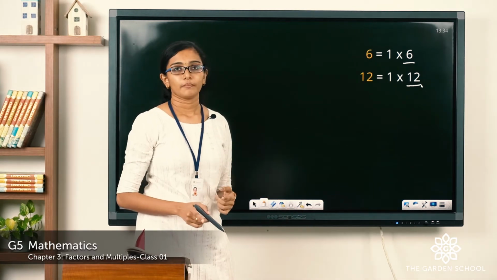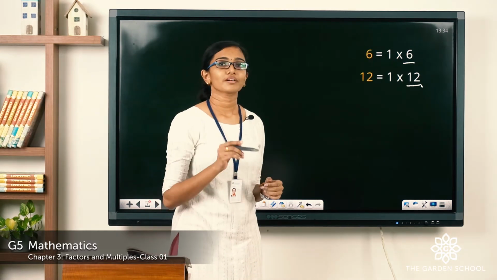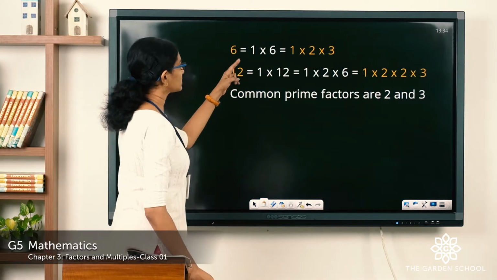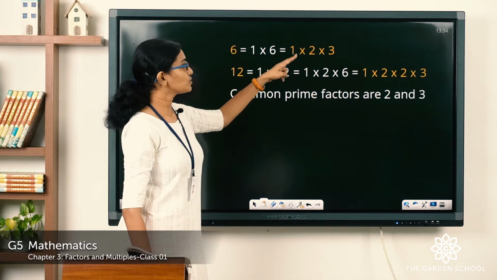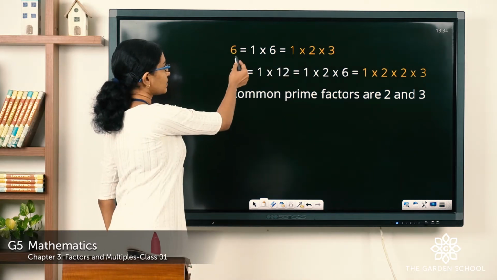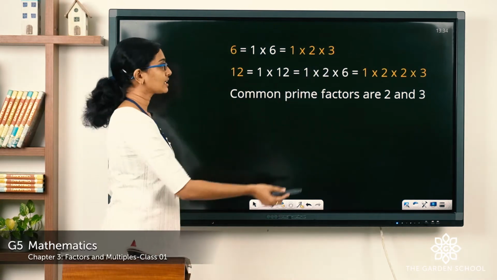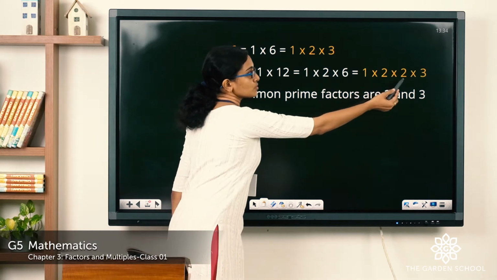Any composite number can be expressed as the product of 2 or more prime numbers. See this one? Here, the 6 can be broken down again into 6 equal to 2 into 3. So, here we can write 6 is equal to 1 into 2 into 3. Similarly, 12 can be written as 1 into 2 into 2 into 3.